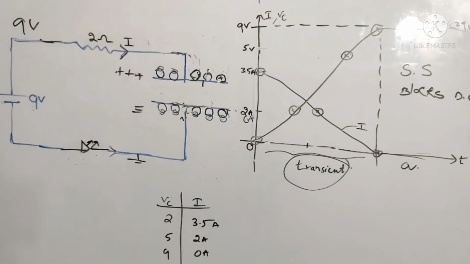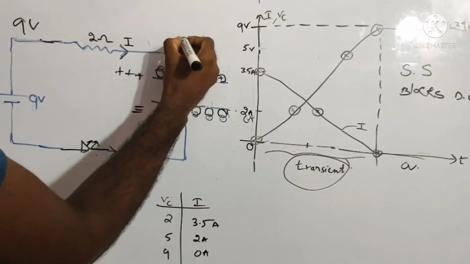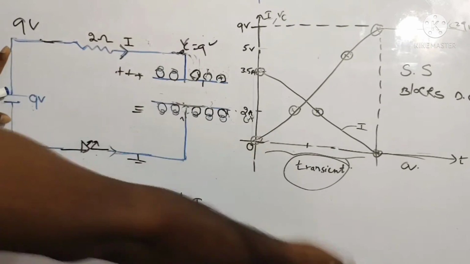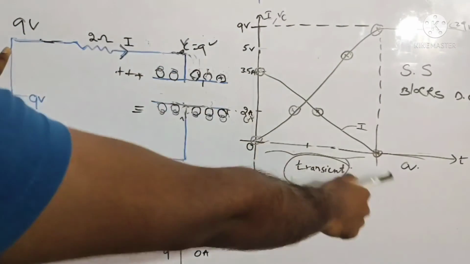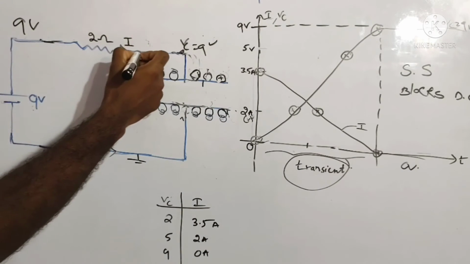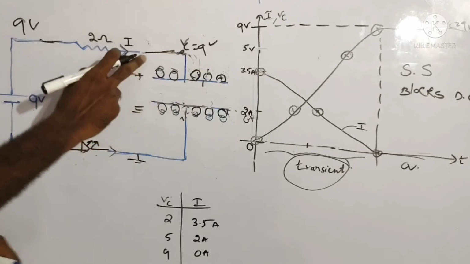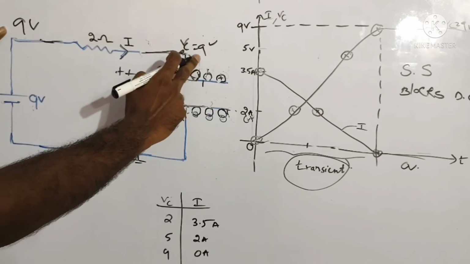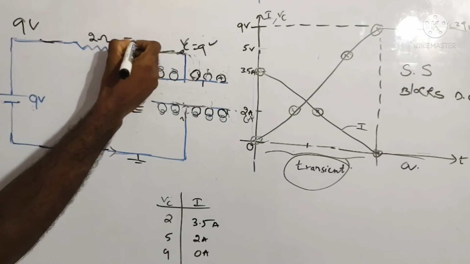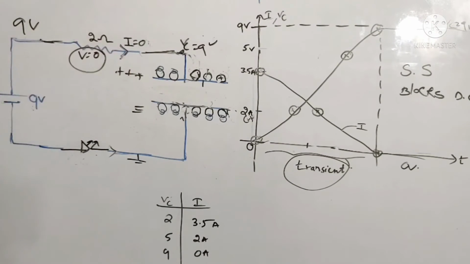One more thing: when VC is equal to 9 volts, there will be no current. The current is 0 in the circuit, and this will behave as an open circuit. In this case, the voltage across the resistor will be 0.